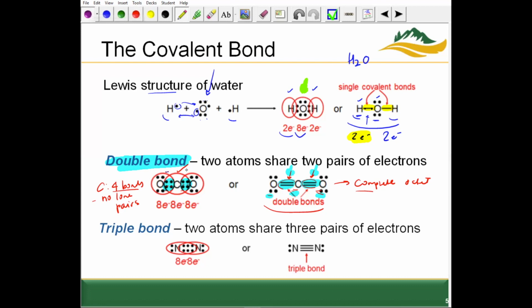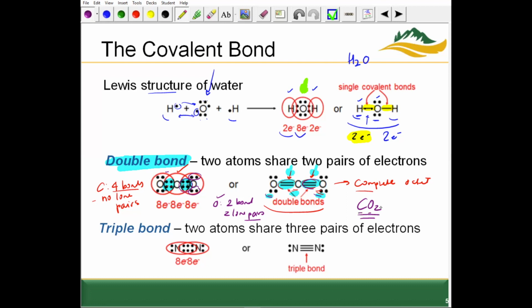Both oxygens also have the double bond, but that's just 4 electrons here. So for each oxygen, that's 2 bonds and 2 lone pairs, a pair meaning 2 electrons. And there are 2 oxygens here total in this molecule of carbon dioxide, or in this compound, I can say, of carbon dioxide.